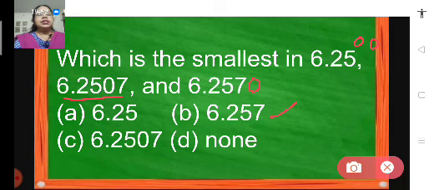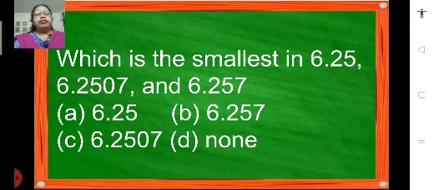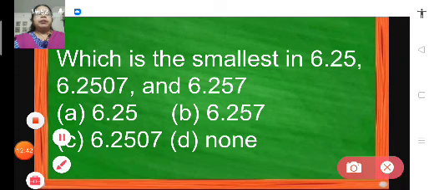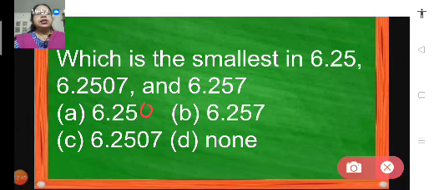So how do we compare this? First, as I told you, we will make them like decimals by adding zeros. So the maximum decimal places is 4 here. So everywhere we add 0 and make them like decimals. Now if we compare the numbers to the left of the decimal point, they are all equal. Then we move to the tenths place, they are also equal. Then we move on to the hundredths place, they are also equal, isn't it? Then we move on to the thousandths place and compare.